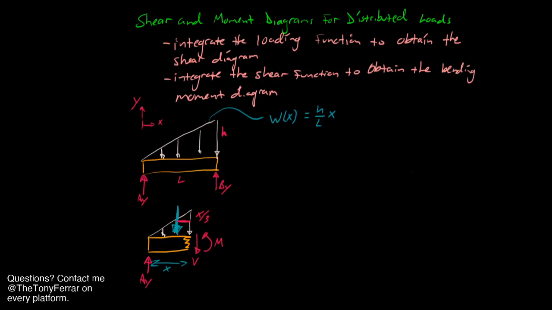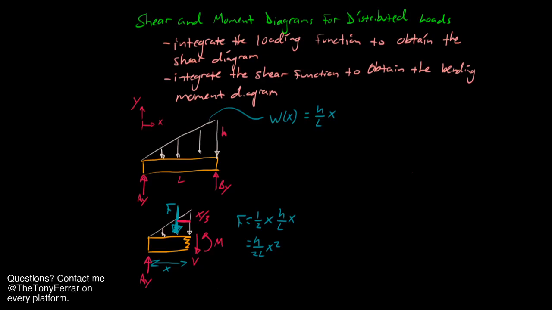If we call this resultant F, we can do the area of a triangle quickly: 1/2 the base, which is x, times the height, which is h over L times x, and that becomes h over 2L times x squared.